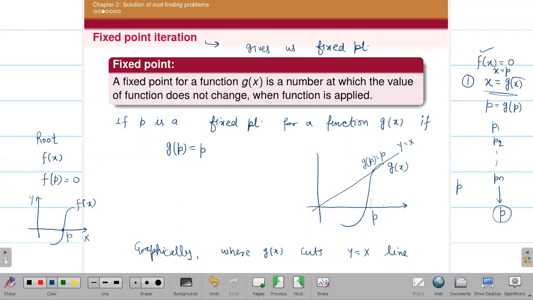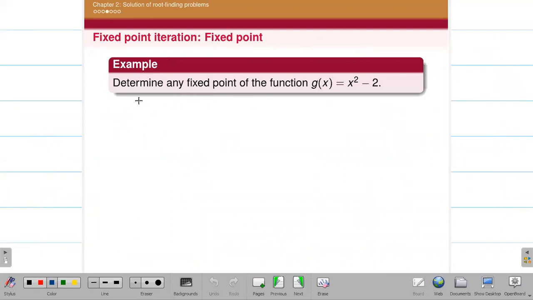So this is the procedure, and the first step is the main one: you have to find the g of x. So this is the question. Now we will see the connection. First of all, determine any fixed point of the function g of x is x square minus 2. How to find the fixed point for this simple function?